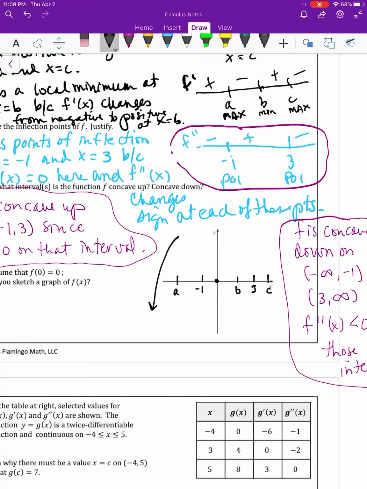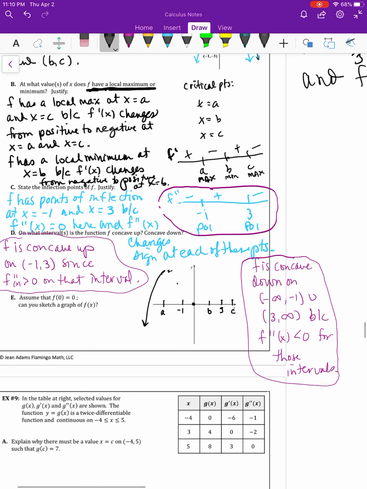So I put a maximum at A, and then I come down, oops. Having trouble writing with this, I'm so sorry.